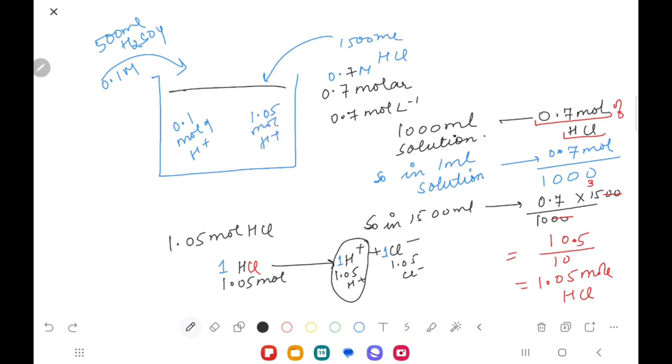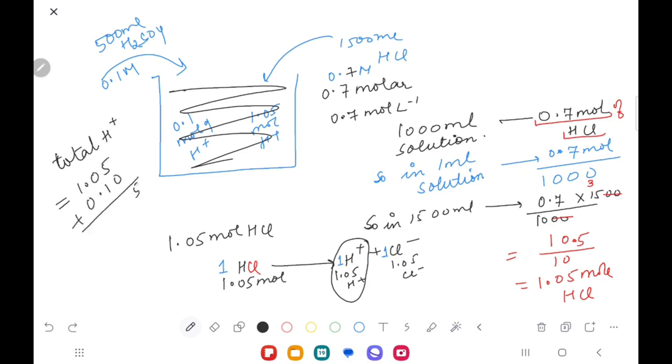So just tell me, how many total moles of H plus do I have right here? So total H plus in this beaker would be 1.05 plus 0.10. So that is going to be 1.15, isn't it?